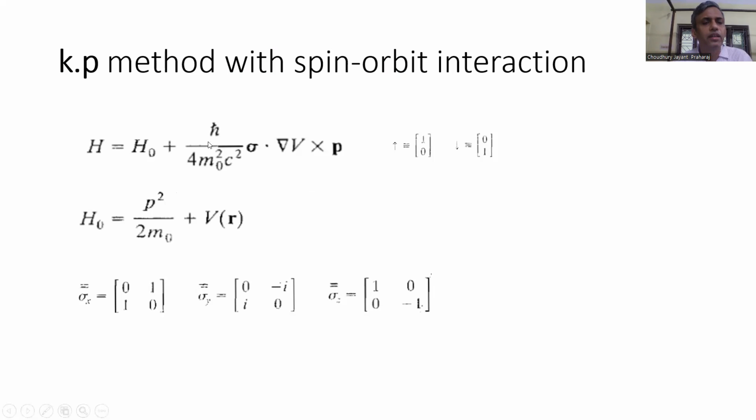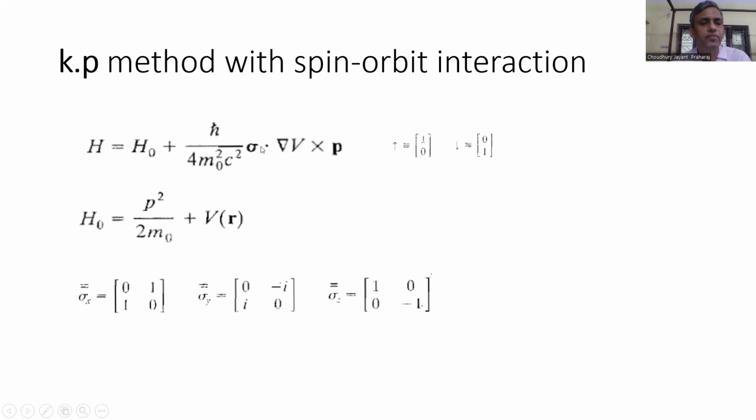And then we have this spin-orbit term, which basically is relativistic in origin. So in the rest frame of the electron, the electron sees a magnetic field, because if the electron has momentum with respect to the crystal lattice, then the electric field produced by the crystal lattice gets transformed relativistically to a magnetic field.